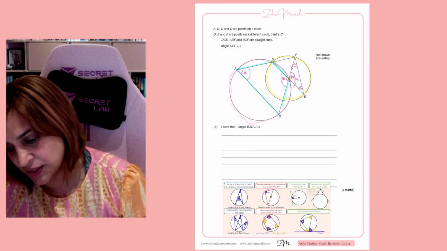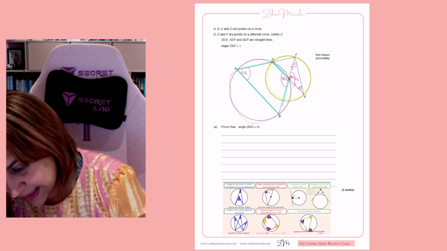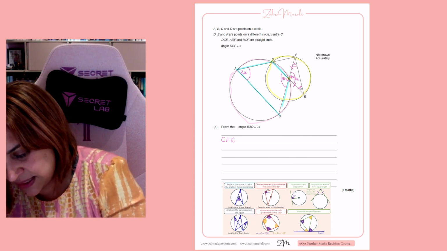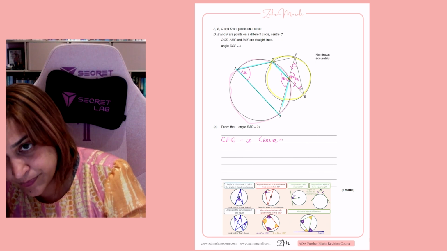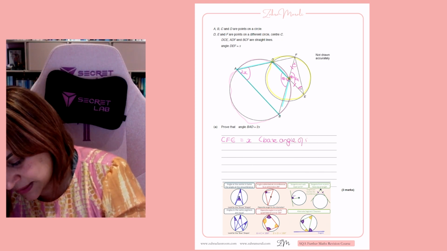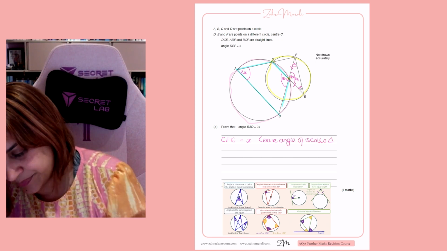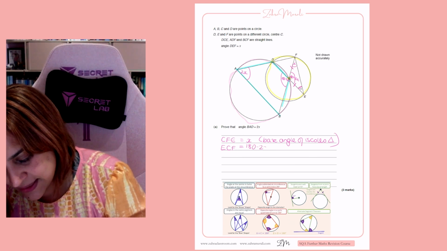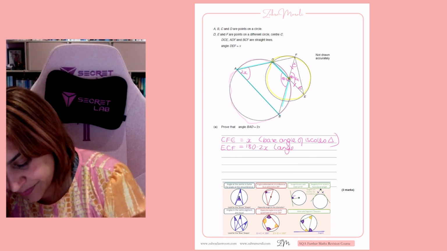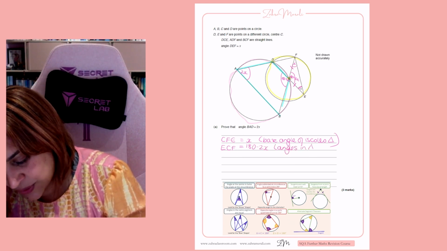So we're going to start off by saying CFE, so it's always the middle one, so C to F to E equals x, and that's base angles of isosceles triangle. We also know that ECF is 180 minus 2x, and that's angles in a triangle add to 180.